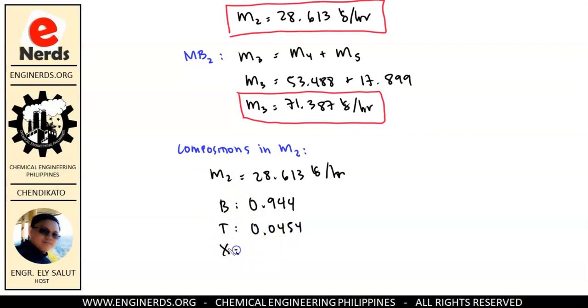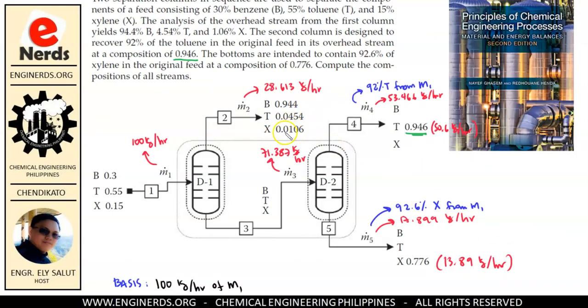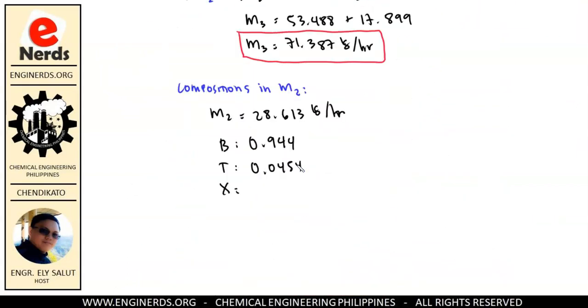And our X is, ano nga uli yung X natin? Our X is 0.0106. Okay, so what we have to do is to multiply that to our M2 para makuha natin yung values nila. So, let us multiply this to 28.613.